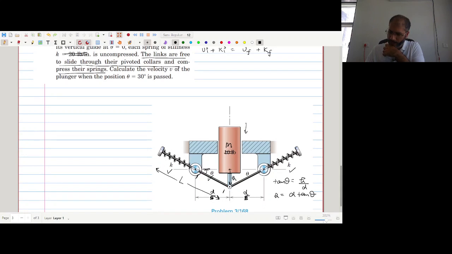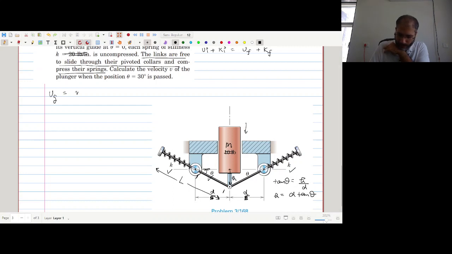This allows us to write the potential energy due to gravity, U gravity.